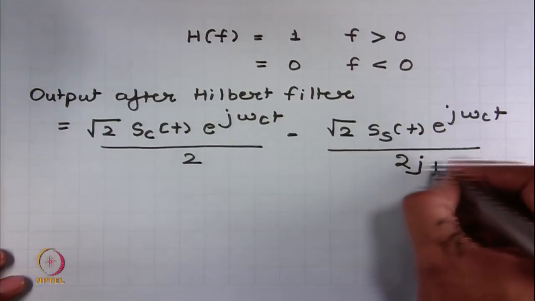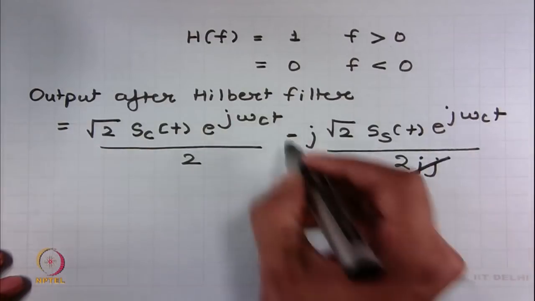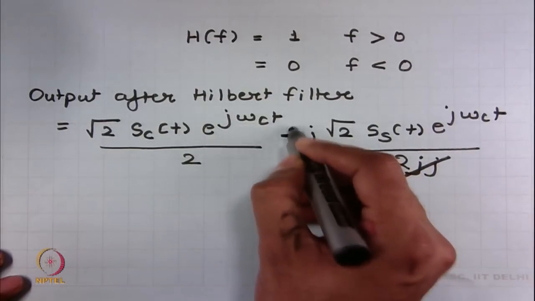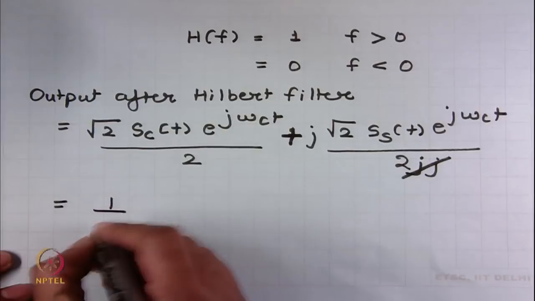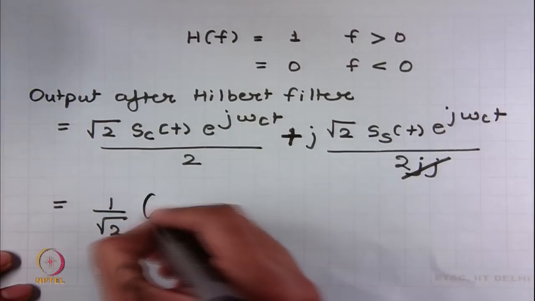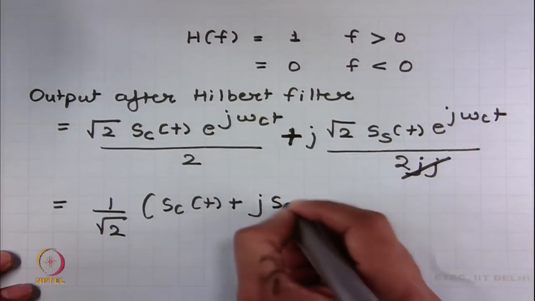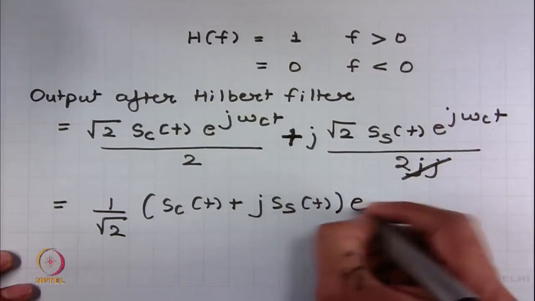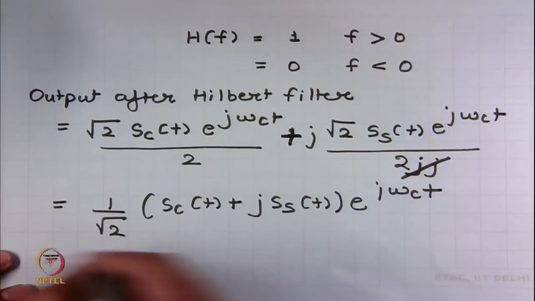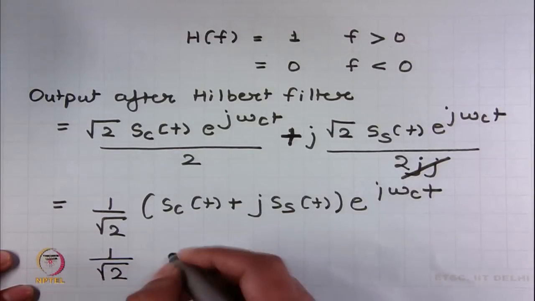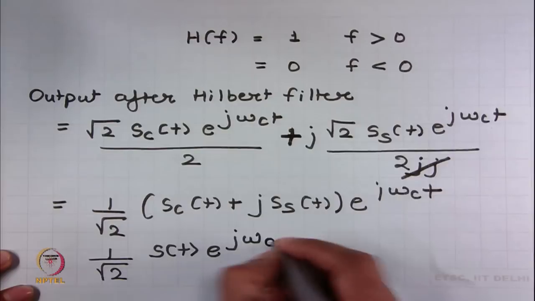I can have j in here and j in here, and this j square cancels with this negative. So, I have a positive sign here. Then I can write this as 1 by root 2 times S_c(t) plus j times S_s(t), times e to the power jω_c t, and this is nothing but 1 by root 2 S(t) e to the power jω_c t.